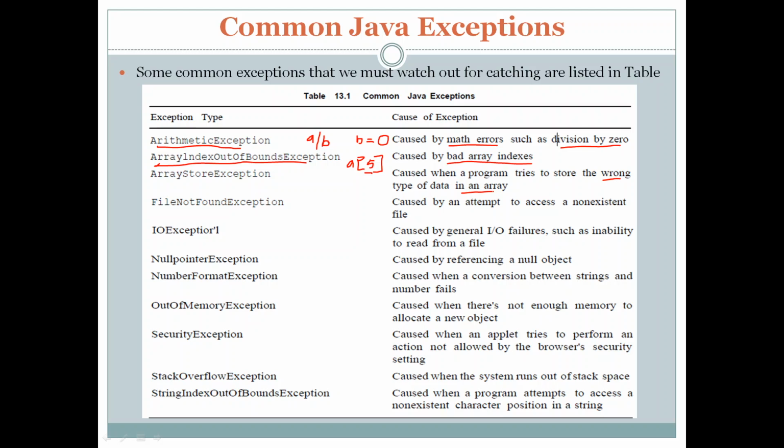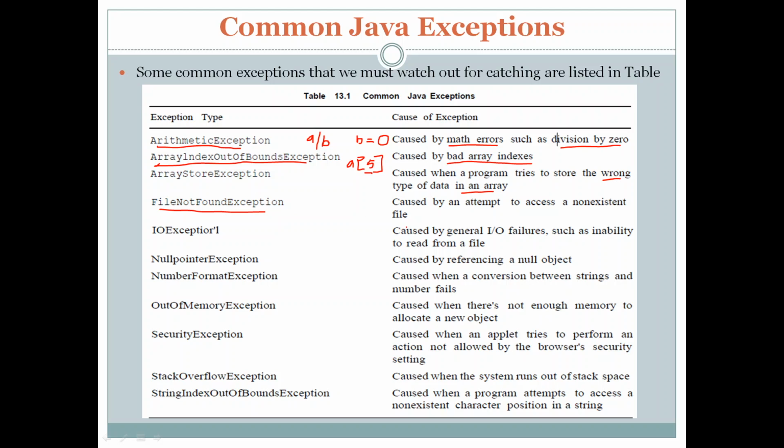Say we declare an array of integer, that is int a of 10 or a of 5. That means that particular array can store only integers. But if you try to store some other type into it, it will cause an exception, that is array store exception.